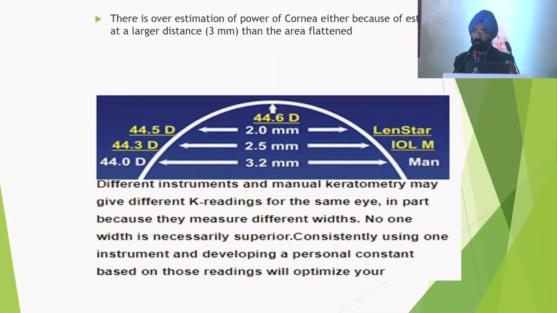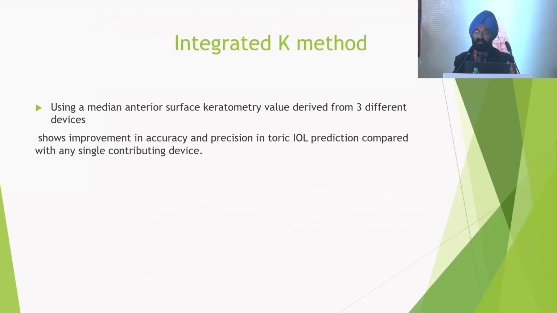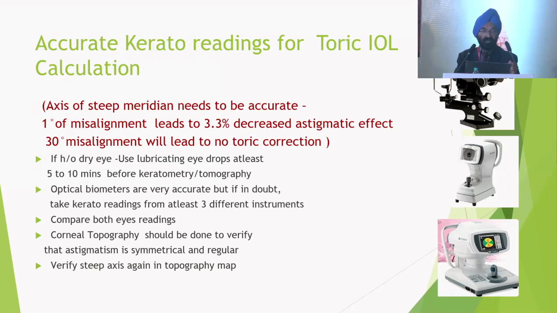Because we know that the cornea has a prolate shape, and if you measure closer to the center of the cornea, you're going to get higher readings, and if you are further away from the center, you will have slightly lesser readings. So integrated keratometry is important, where it has been shown and published that the median anterior surface keratometry value derived from 3 different devices leads to better accuracy.